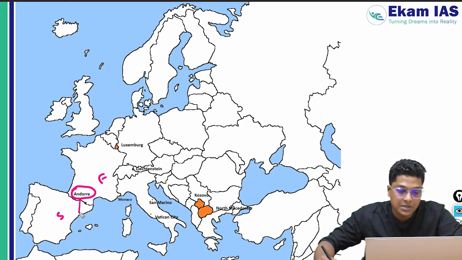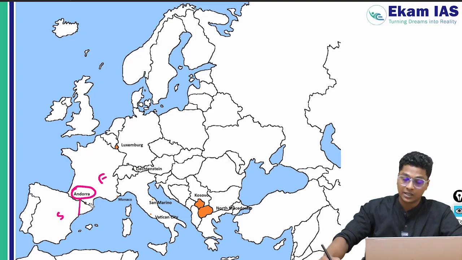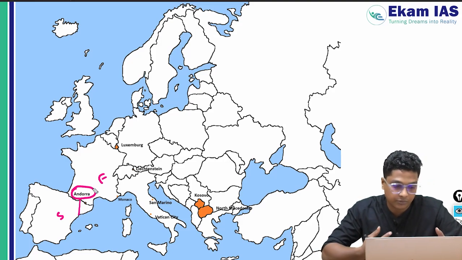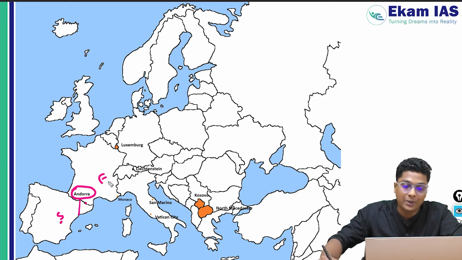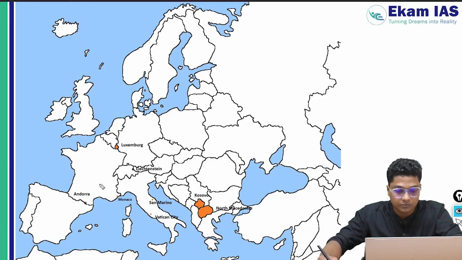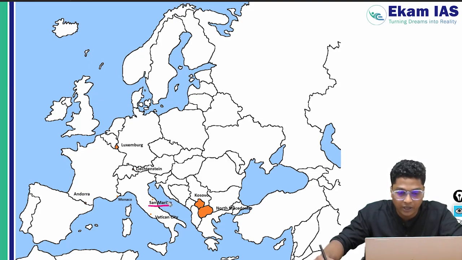Also this region, Catalonia, is having issues with Spain, trying to become a separate sovereign country. So here we have Andorra, which shares a border between Spain and France. Now coming to Italy, there are two regions we need to remember. One, San Marino, a separate sovereign country.